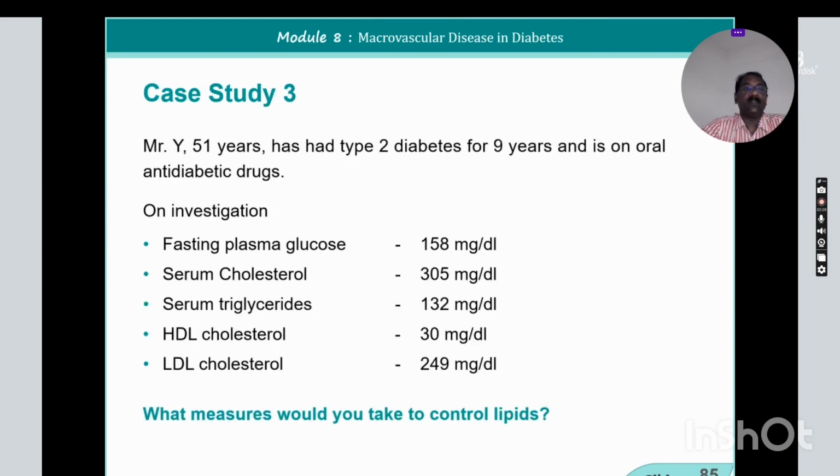So here is the case study. A 51-year-old male, type 2 diabetes for 9 years and on oral anti-diabetic drugs. Fasting 158, cholesterol 305, triglycerides 132, HDL 30, LDL 249. What measures would you take to control the lipids?